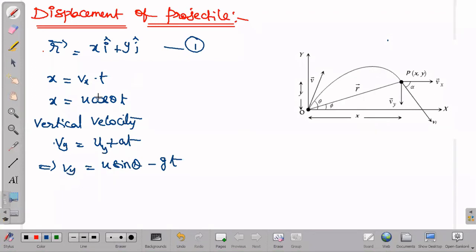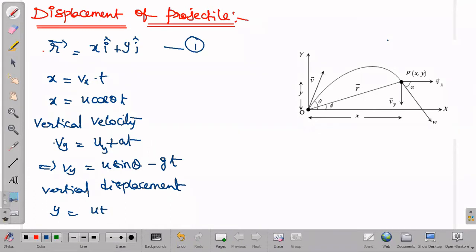Already the horizontal displacement x is calculated. Now the vertical displacement is y. Y is in accelerated motion, as previously we have done the same, so we write the formula ut plus half at square.